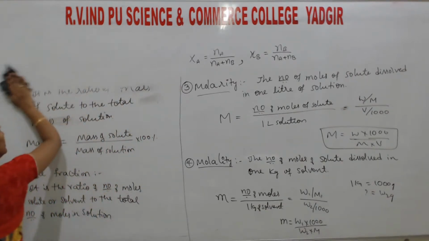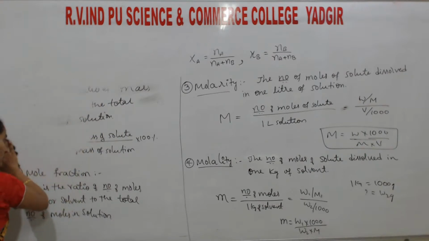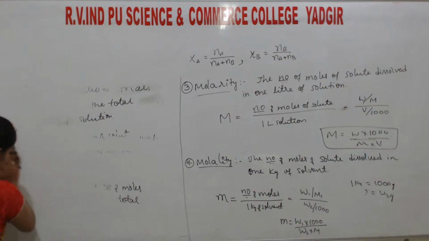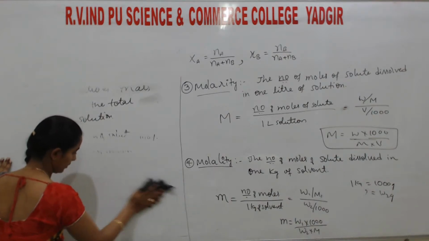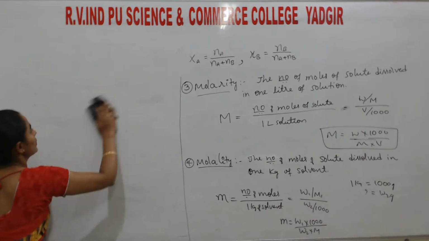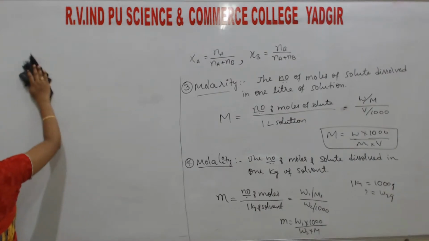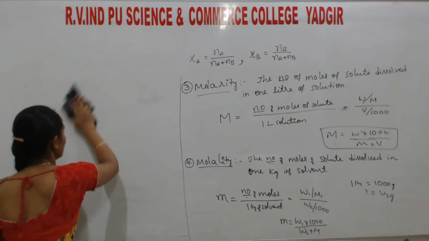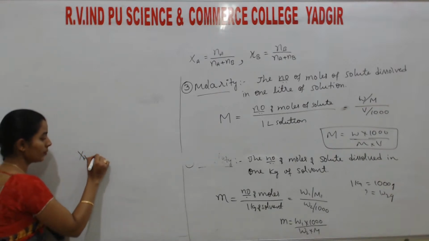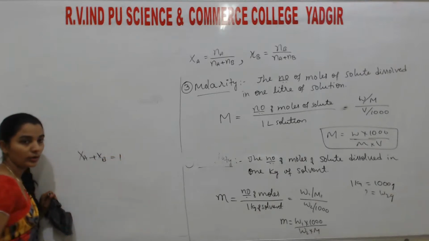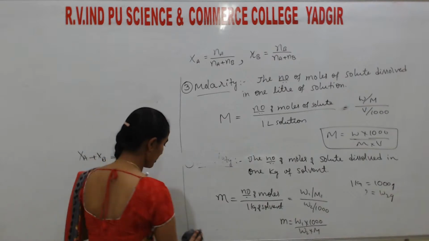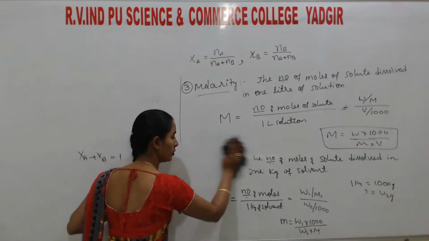For each, I'll give one example. And remember, students, for mole fraction, XA plus XB is equal to 1. The sum of mole fractions of all the compounds is always equal to 1.